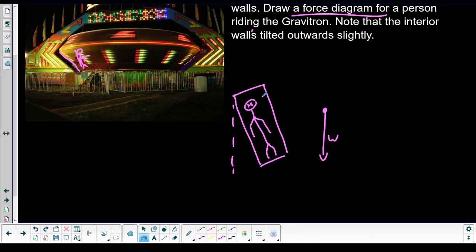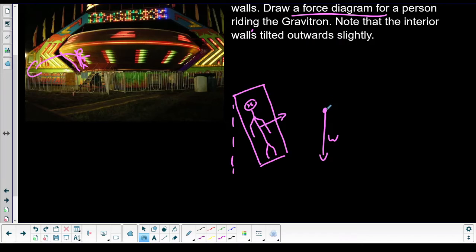Because we're at an angle here, we have the normal force from this wall, because if this wall weren't here, you'd be flung out the side of the Gravitron. So the wall is in our way, very similar to the way that if you're riding in a car and your friend turns too sharp, the door is in the way. So this wall is going to push outwards on you, and it always has to be perpendicular to the surface. So it's going to be that way.